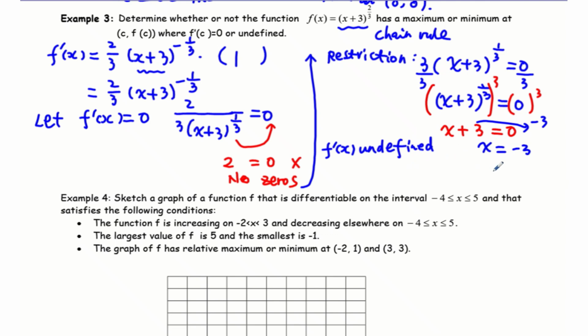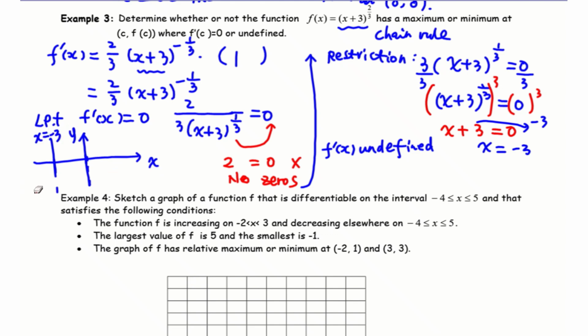And we are going to draw the chart. So I will draw the chart here. X axis, then we have only one point, negative 3, our critical point.